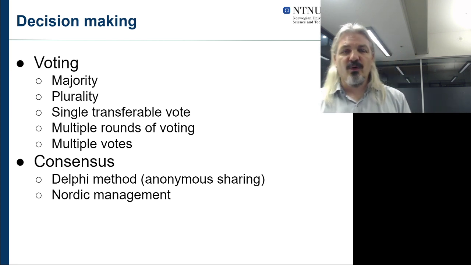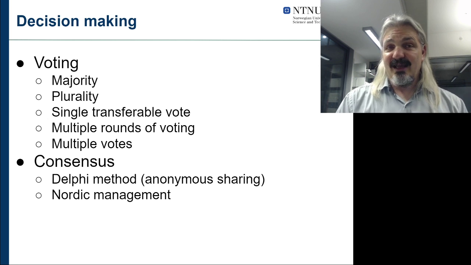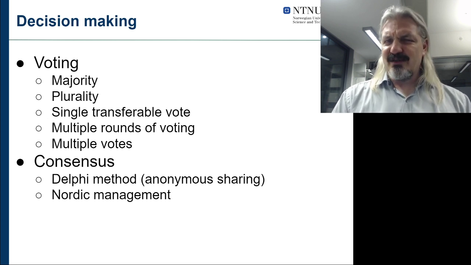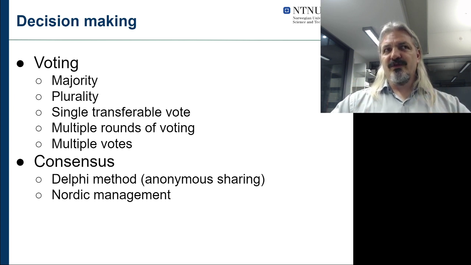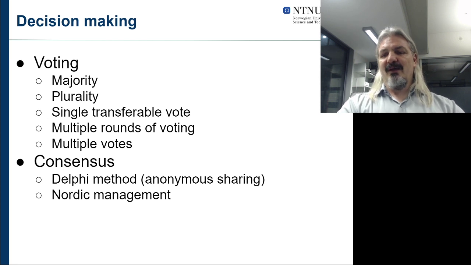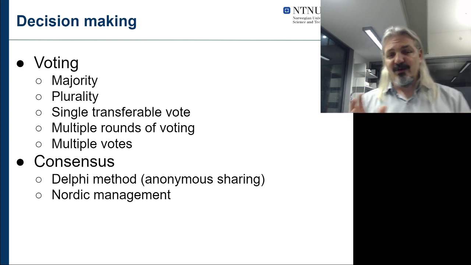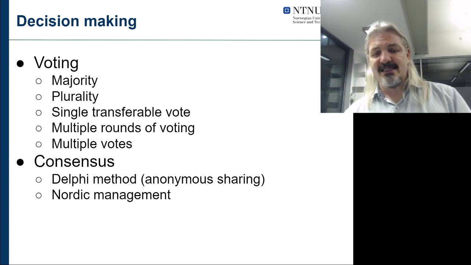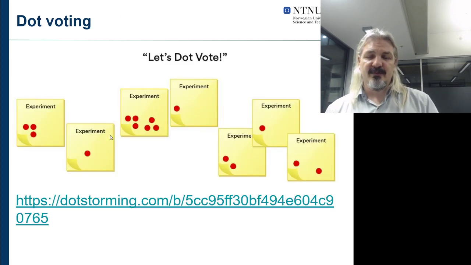And of course, Nordic management style is to try and build consensus. It is very strange compared to some of the things we do in the world, where you want your employees to agree to what their job is, rather than just saying, right, you're doing that, and that's your job, I don't care what you think about it. So there is much more consensus in the Nordic style than in many other systems.